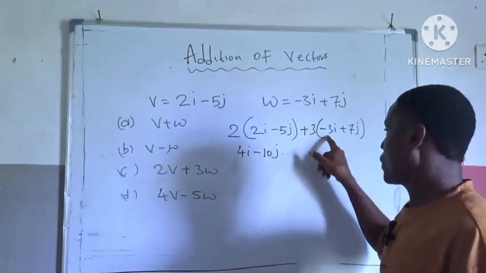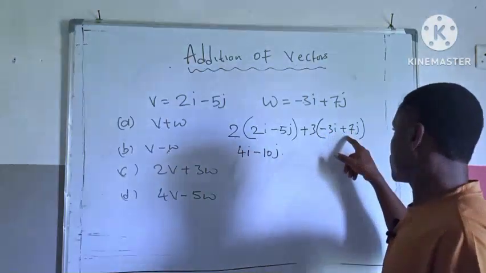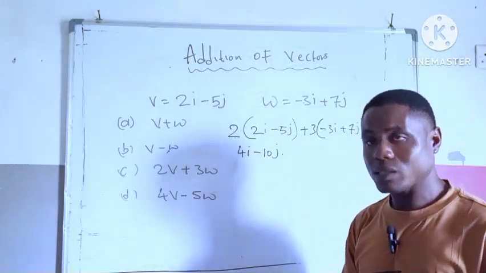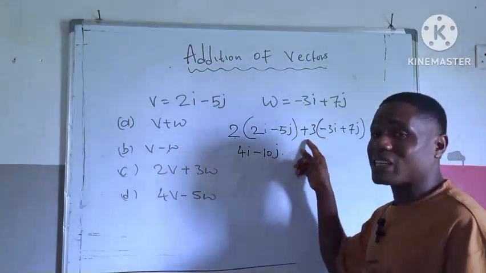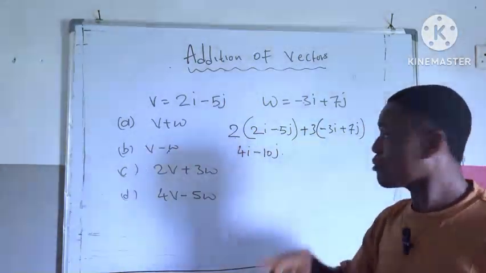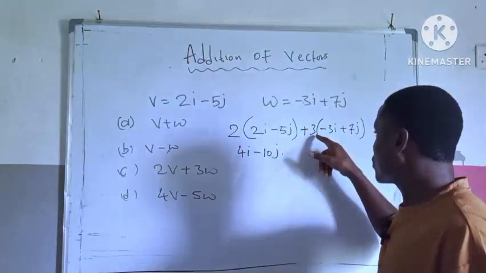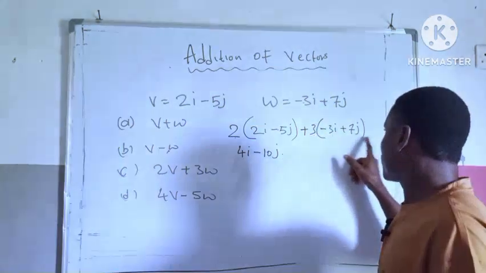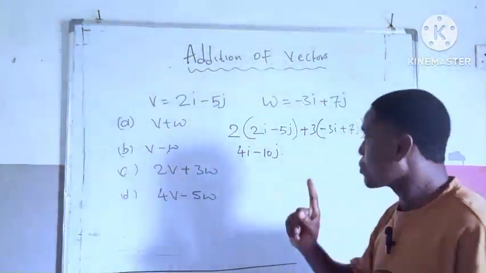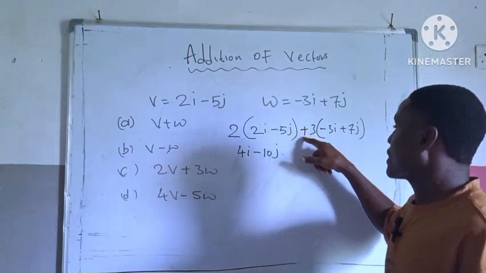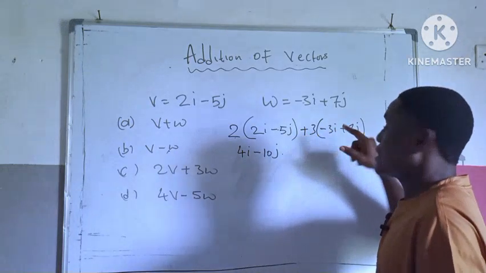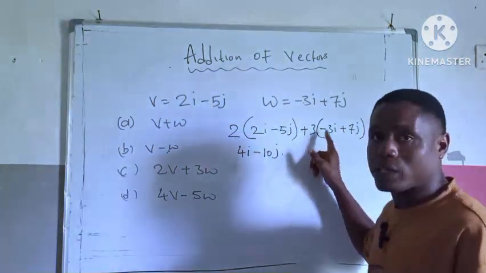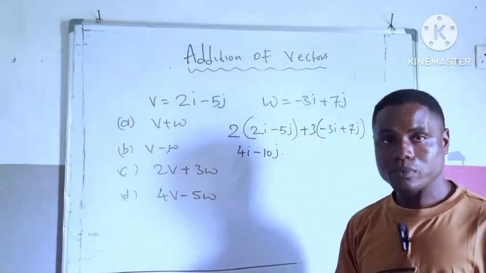Plus times minus is still minus, plus times plus will still give us plus. Are you getting it? Supposing here is a negative sign, before you use the number here to multiply everything inside, first of all, take note, first use the sign to multiply the signs inside.